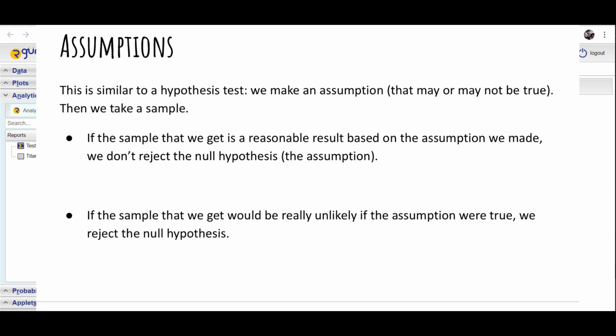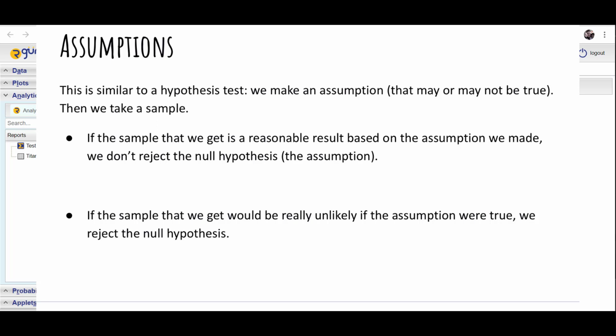So let's talk about some assumptions. We make the assumption about the null, that the null may or may not be true, but we make that assumption at the beginning. We assume it's true until we prove otherwise. So if the sample statistic, the sample mean or the sample proportion, is a reasonable result based on the assumption we made, we don't reject the null hypothesis.